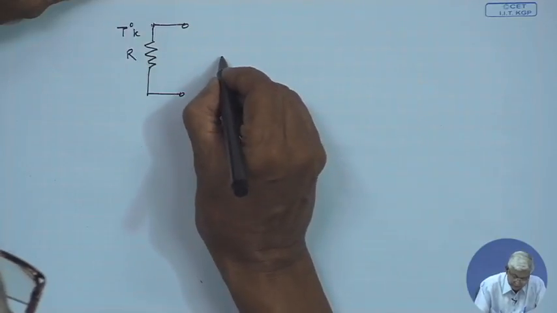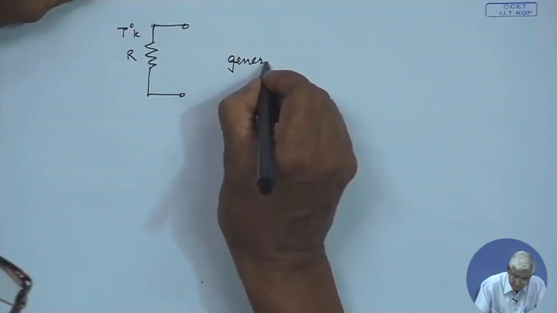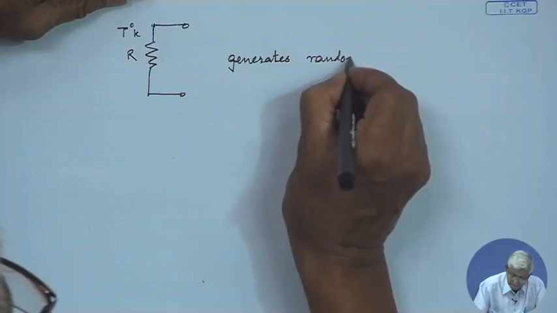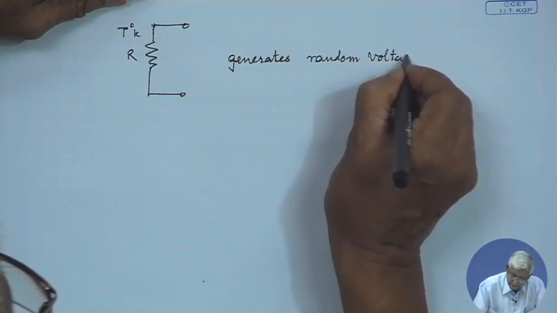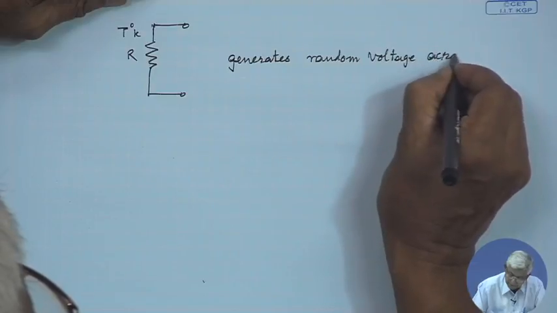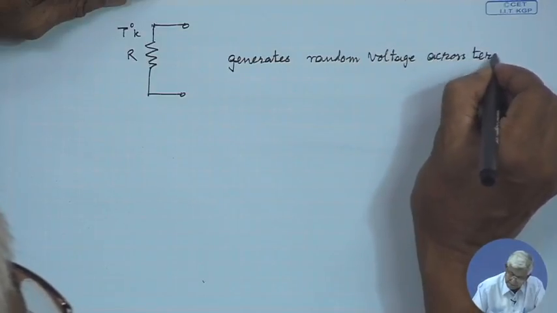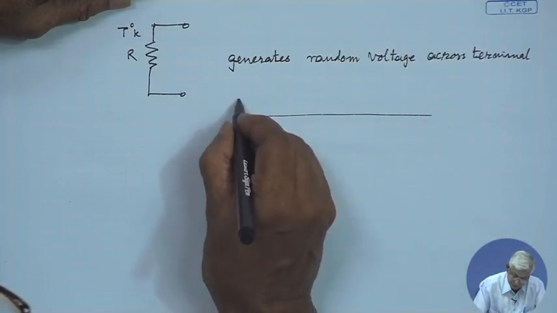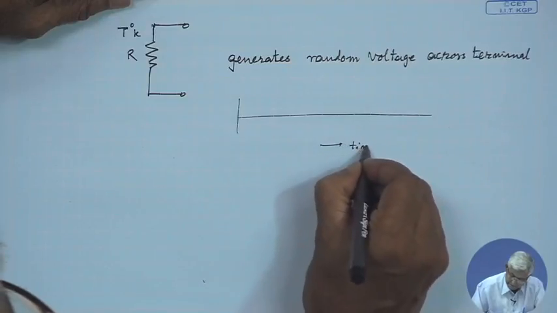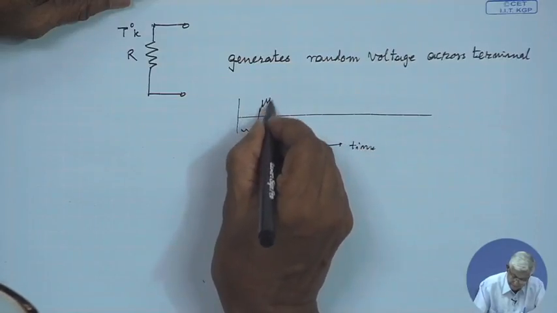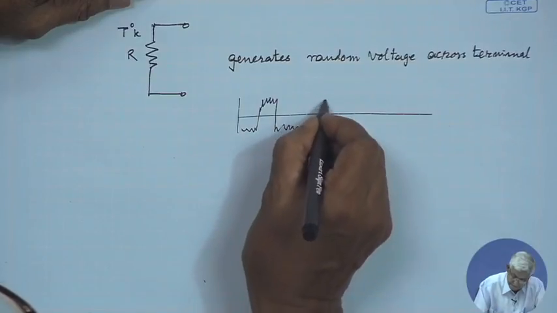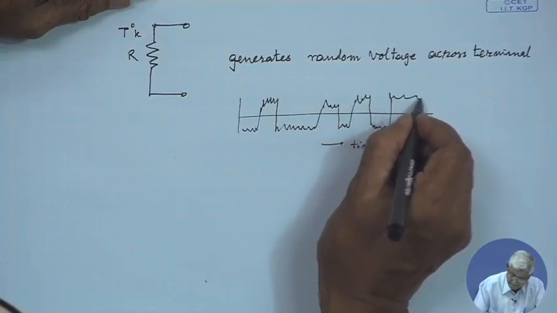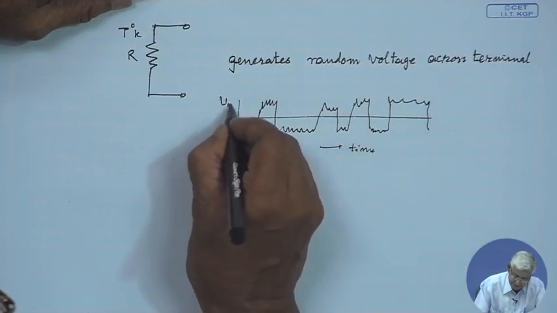So, it generates a random voltage across the terminal, and if we try to draw that voltage with time, this is V n.